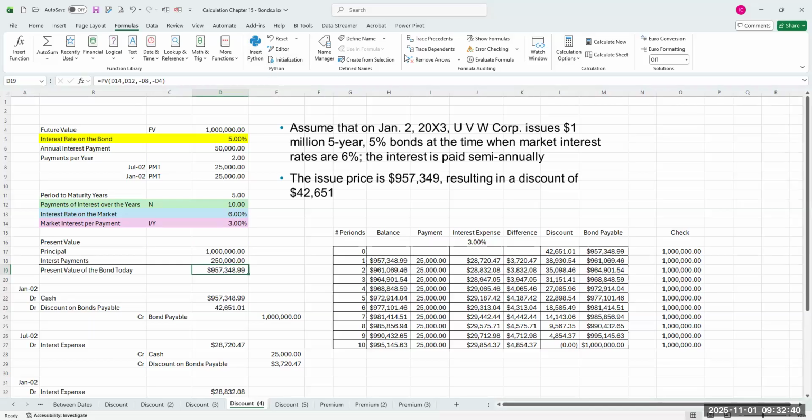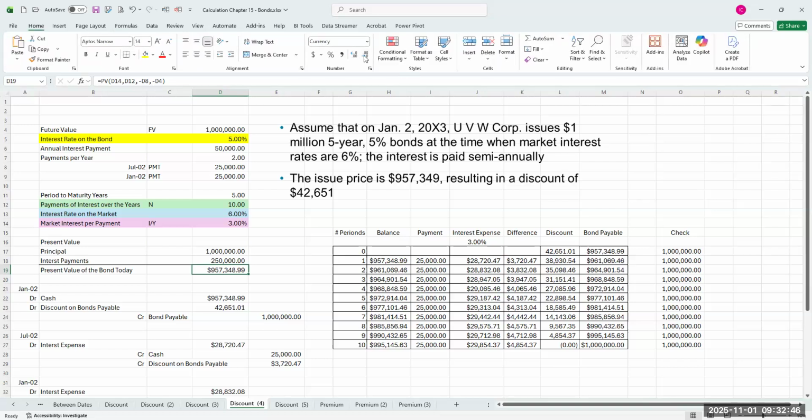If I simply go here and reduce the decimals, I get exactly the same number that they get. What this number means is that if I issue the bonds today, I can get only the present value of the two streams of cash.